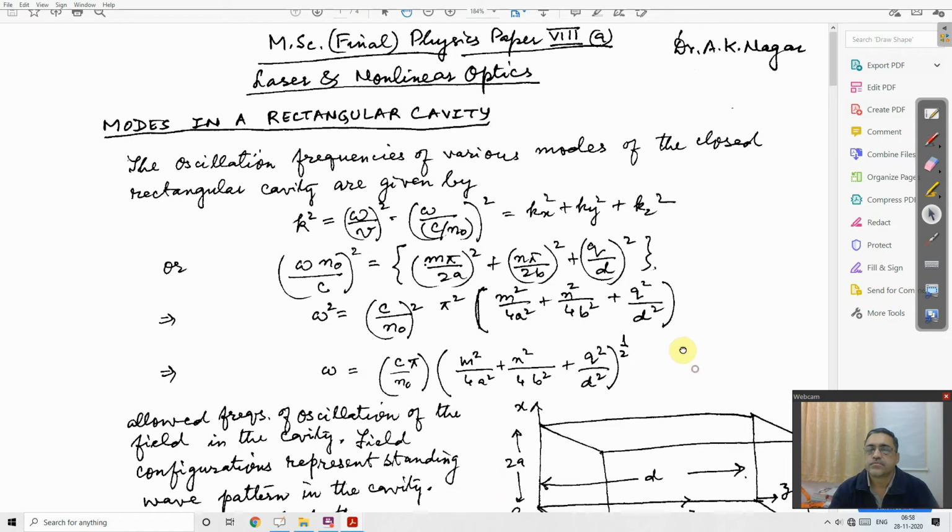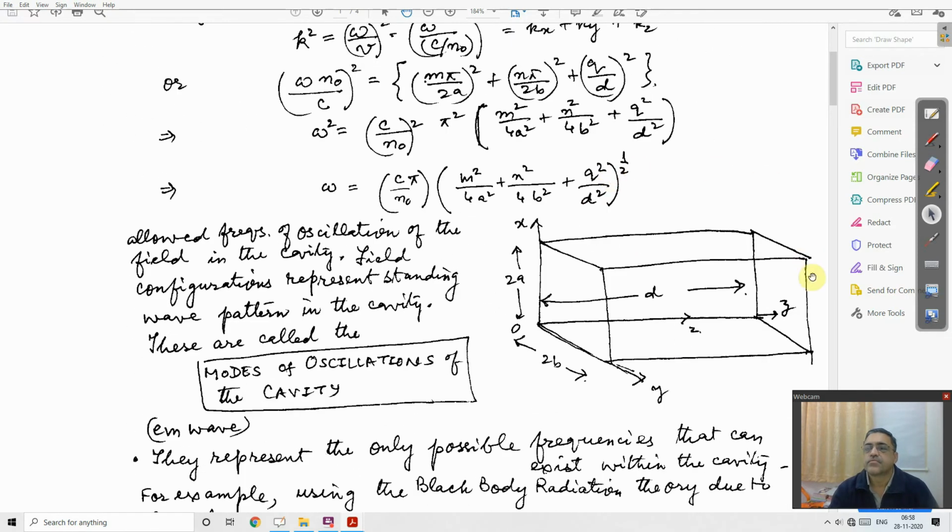Here we see a rectangular cavity with dimensions x, y, z. The x dimension is of length 2a, the y dimension is 2b, and the z direction is d.